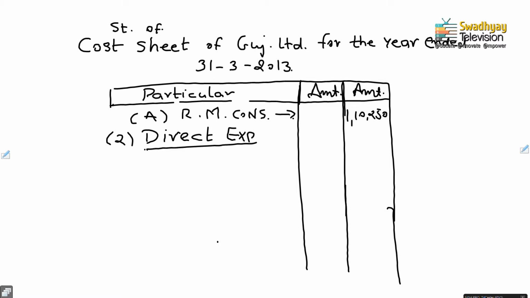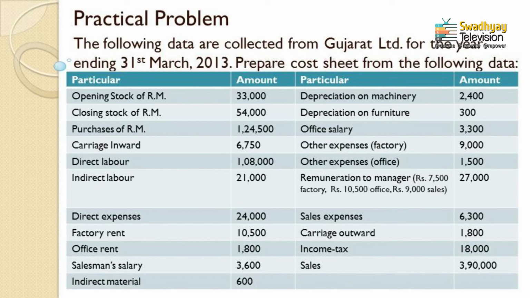First is direct labor. Just see the question, direct labor we have 1,08,000 rupees, that you can directly record in the outer column. We do not have many more items under this head, so direct labor you can directly record in the outer column.